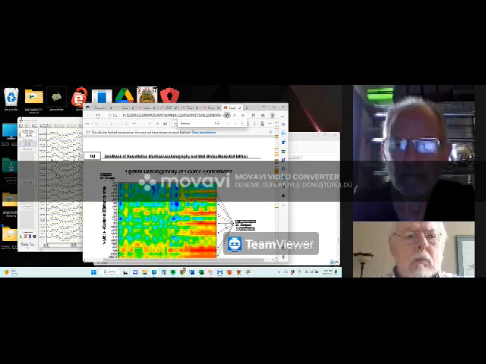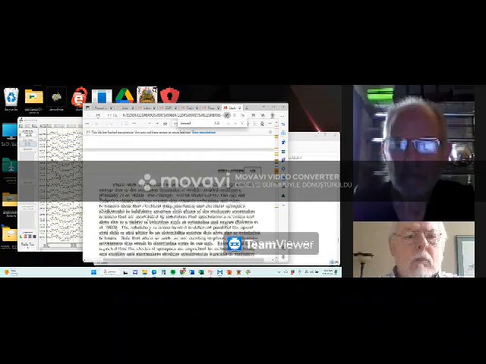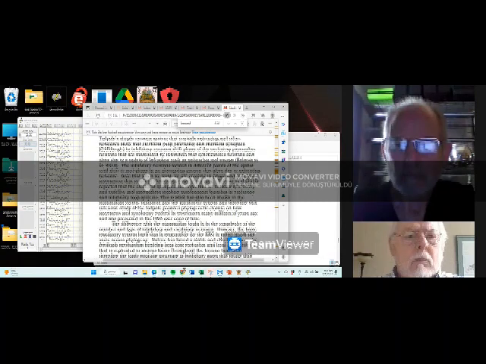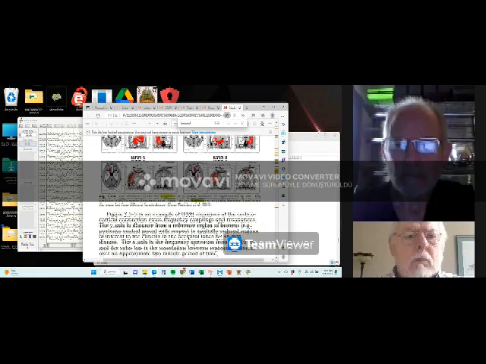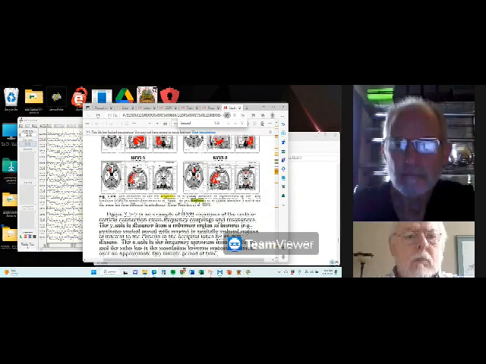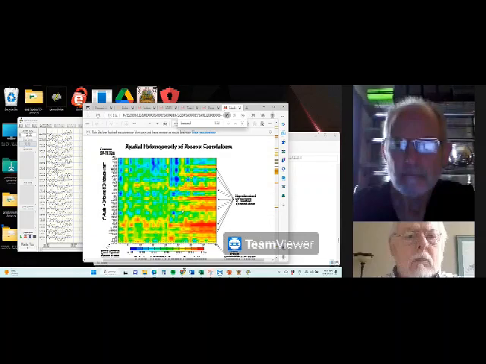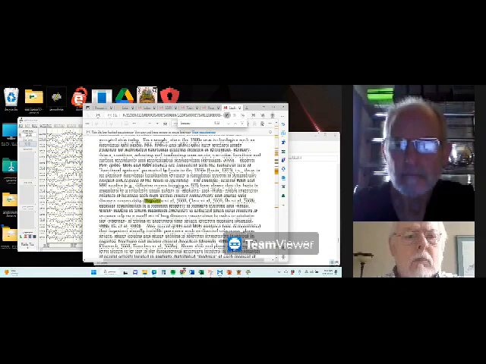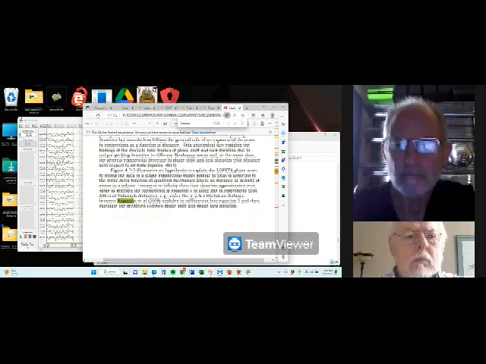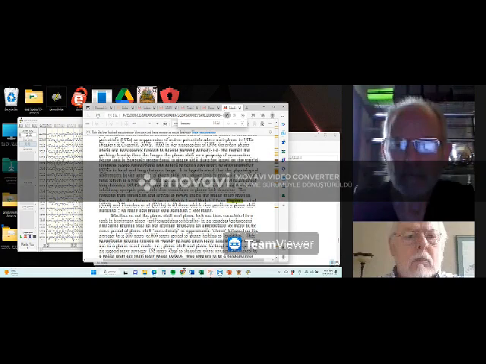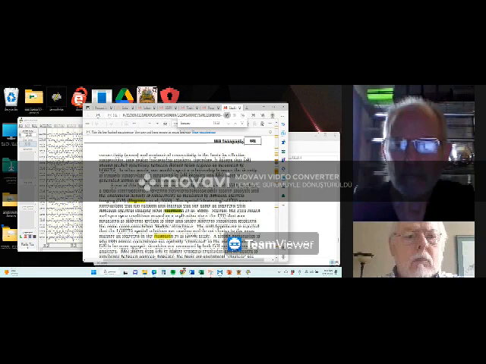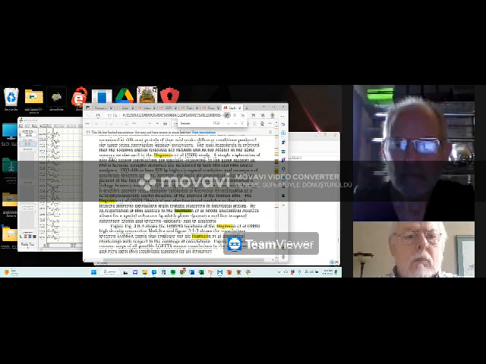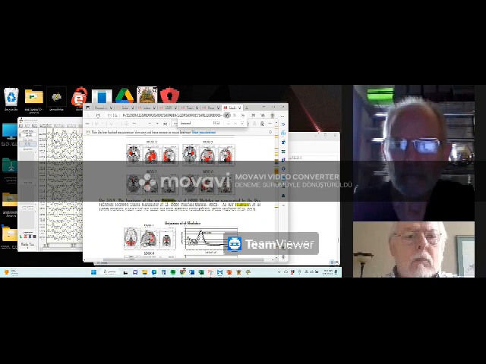And then we measured EEG at the Hagmann hubs. And we looked at the center voxels of each of the Hagmann hubs, and we were able to replicate the Hagmann hubs using EEG.